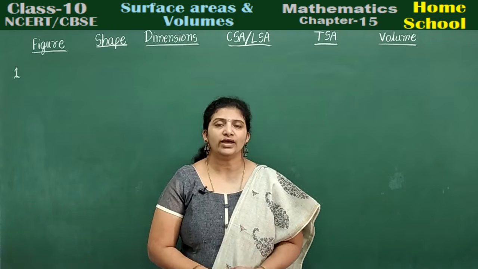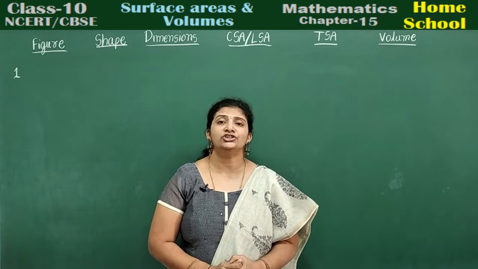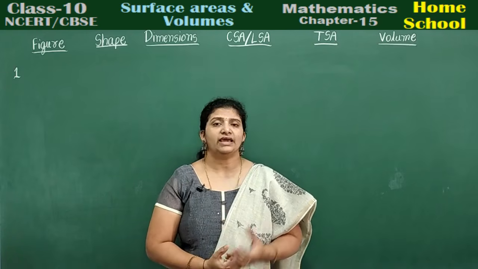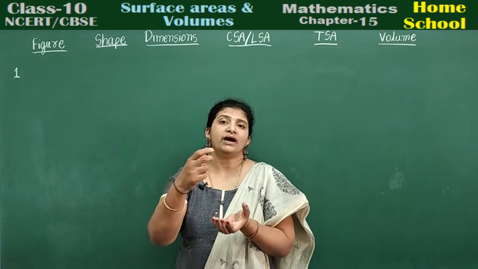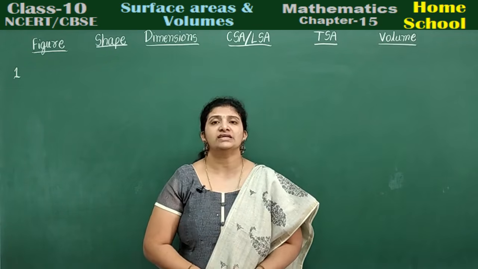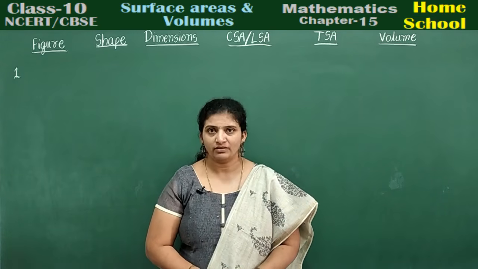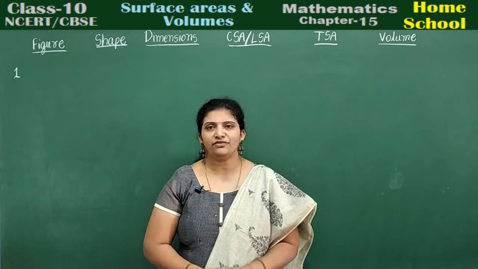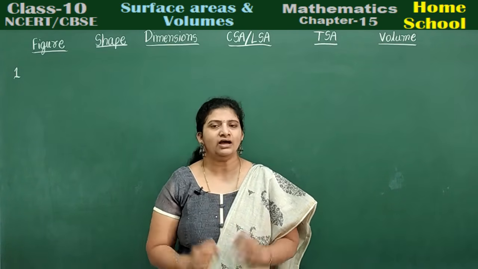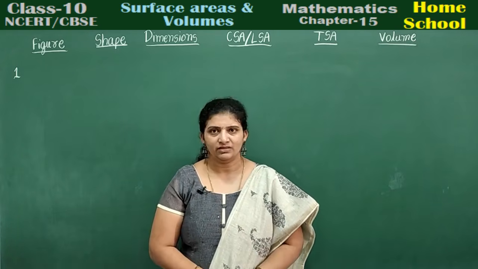This year, we are going to see the combination of solids and conversion of solids. Combination of solids: let us take a hemisphere surmounted by a cone. Hemisphere and cone combined give us a solid, a combination of two solids, for which I am going to frame a problem. Similarly, a capsule is a combination of one cylinder and two hemispheres joined at the ends of the cylinder.